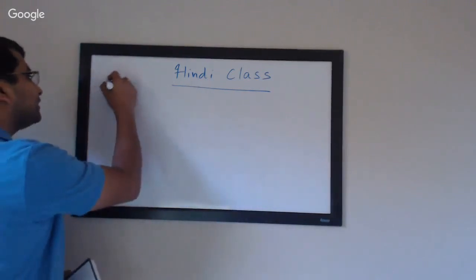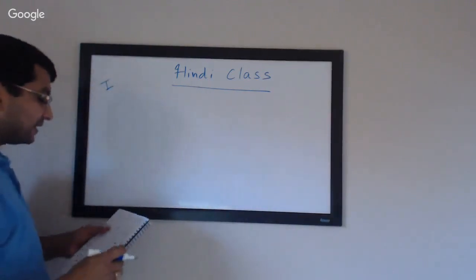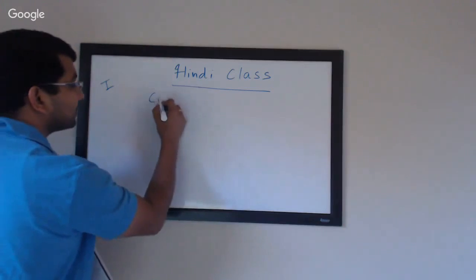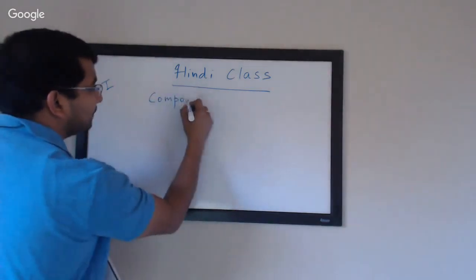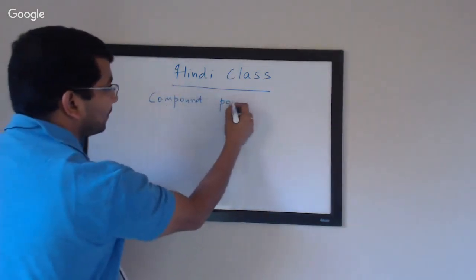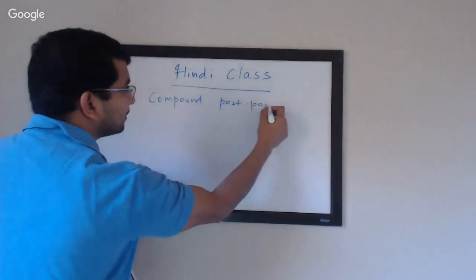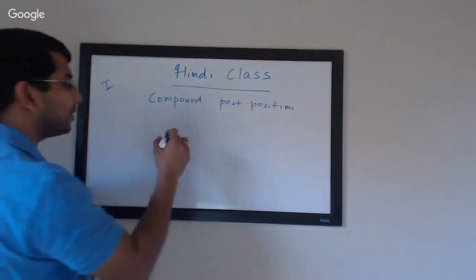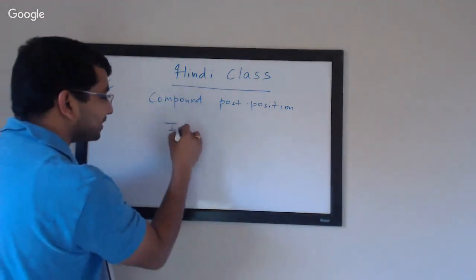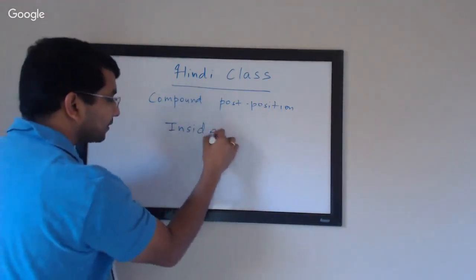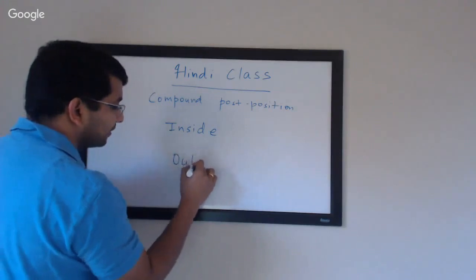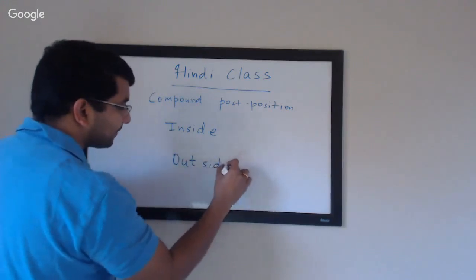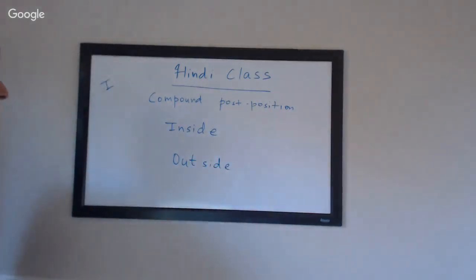So we'll start with the first segment of the class, which is basically the compound postposition. And I picked up two compound postpositions in this class, which are andar and bahar: inside and outside.